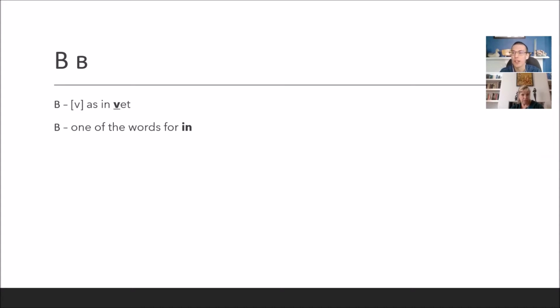V, in. Another letter is U. Yeah, it looks like English Y, but it's letter U. It makes a sound as in look. And U is also another word for in.